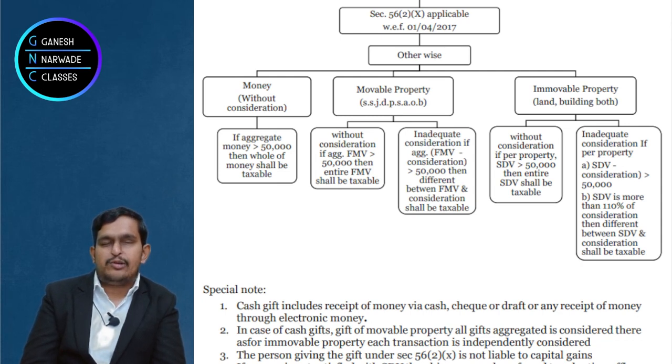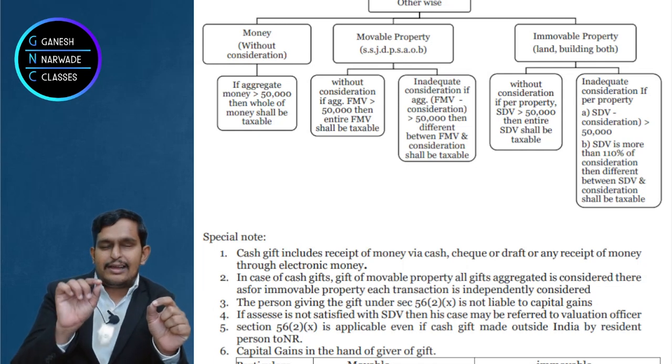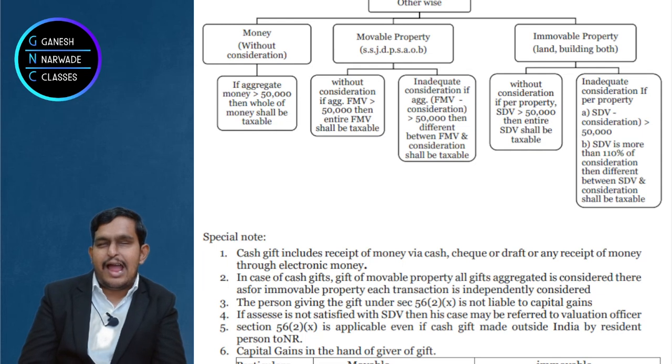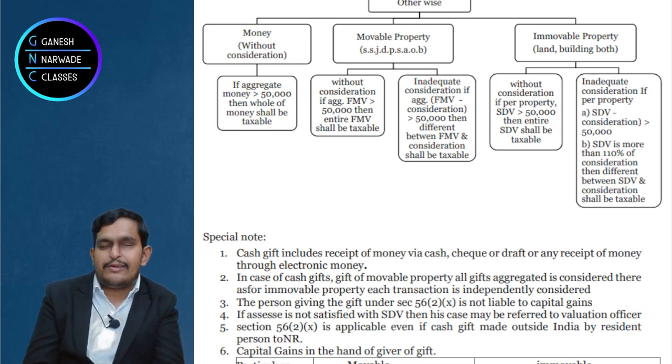If the stamp duty value had been between 3 lakhs and 3 lakh 30,000, then nothing would have been taxable, even though the stamp duty value is more. So two things are very important. The difference between stamp duty value and consideration should be more than 50,000 rupees. This is compulsory. And sale consideration plus 10% should be less than stamp duty value.